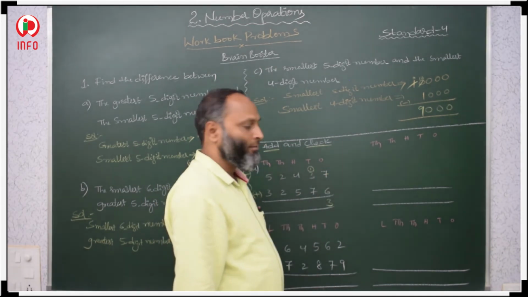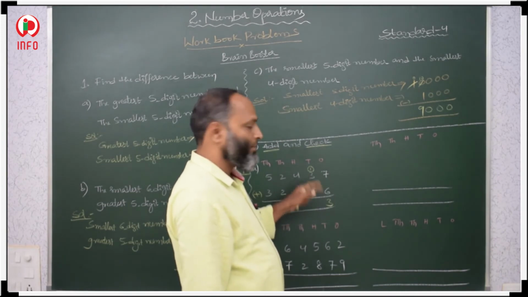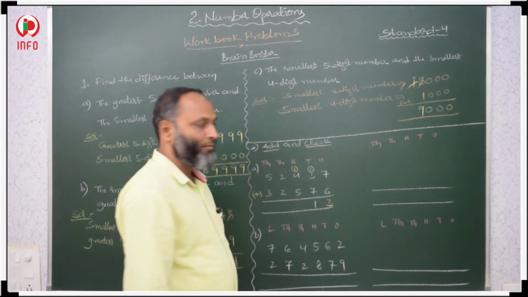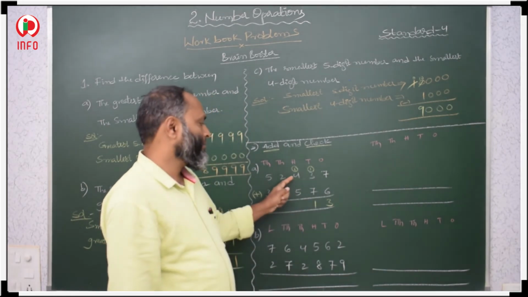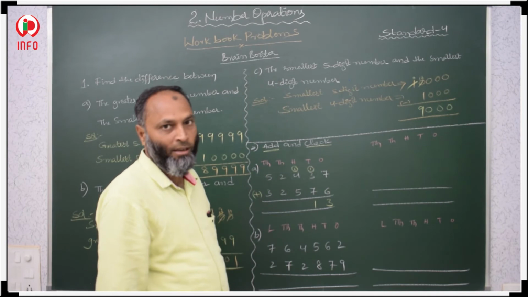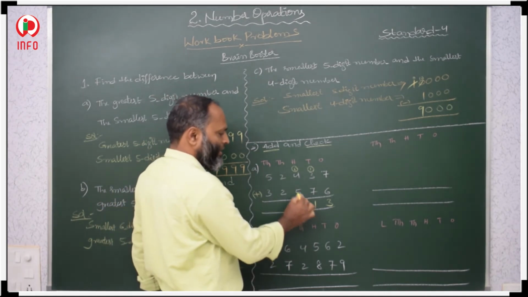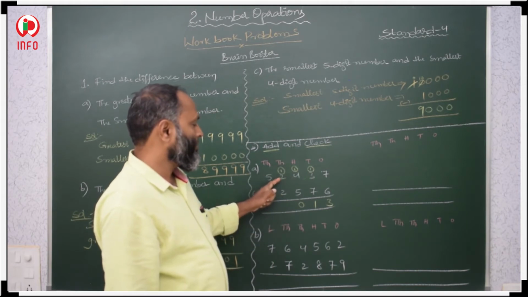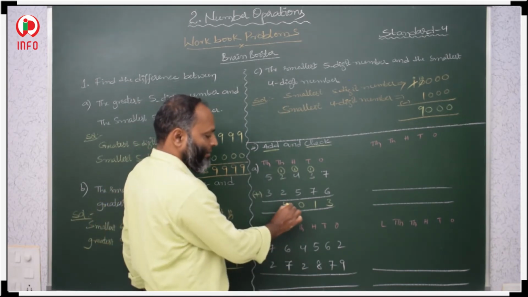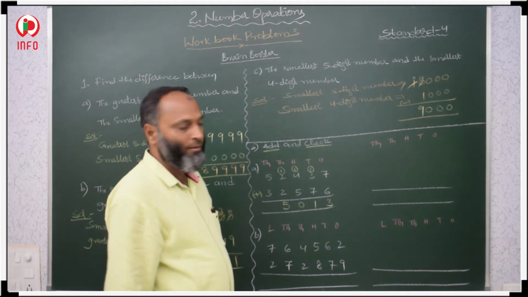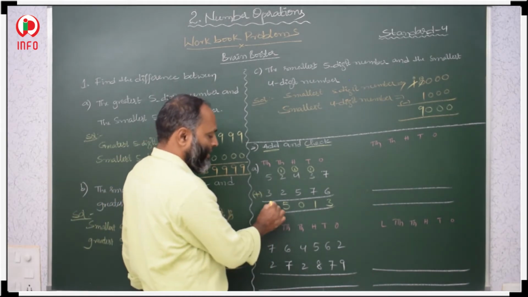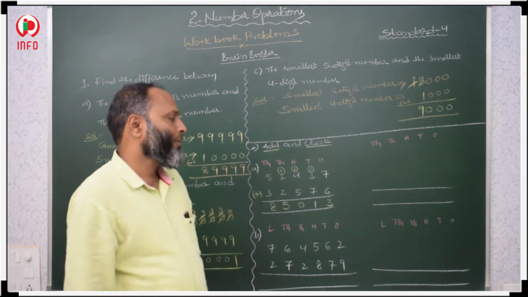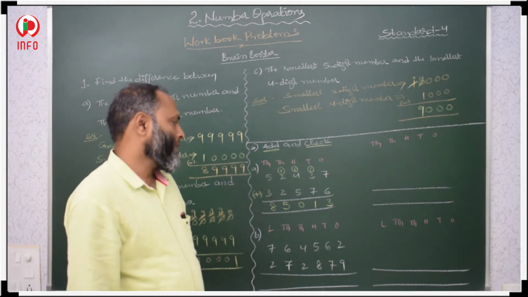Regrouping. 7 plus 3, 10, 10 plus 1, 11. 11 means 1 tens, 1 hundreds. 5 plus 4, 9, 9 plus 1, 10. 10 means 0 hundreds and 1 thousands. 2 plus 2, 4, 4 plus 1, 5. Single digit number, no need to regroup. 5 plus 3, 8. So 85,013. Now how to check?